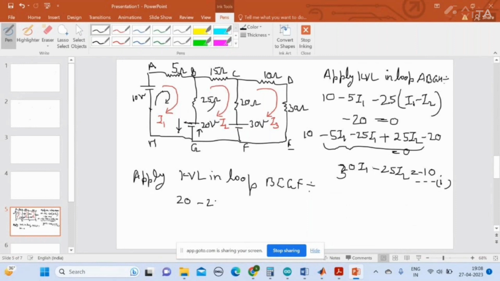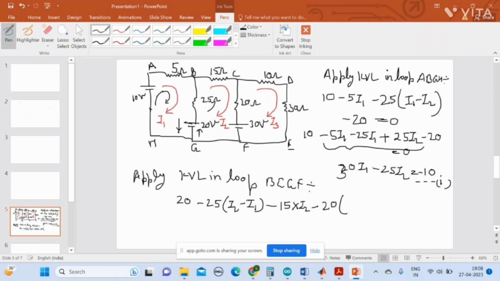Since we are taking the direction of I2, therefore the current that will be considered across 25 ohm will be I2 minus I1, and the potential drop across 15 ohm will be minus 15 into I2. Since the current across 15 ohm is I2, potential drop across 20 ohm will be minus 20. Since we are taking the direction of I2, therefore the current across 20 ohm will be considered as I2 minus I3.